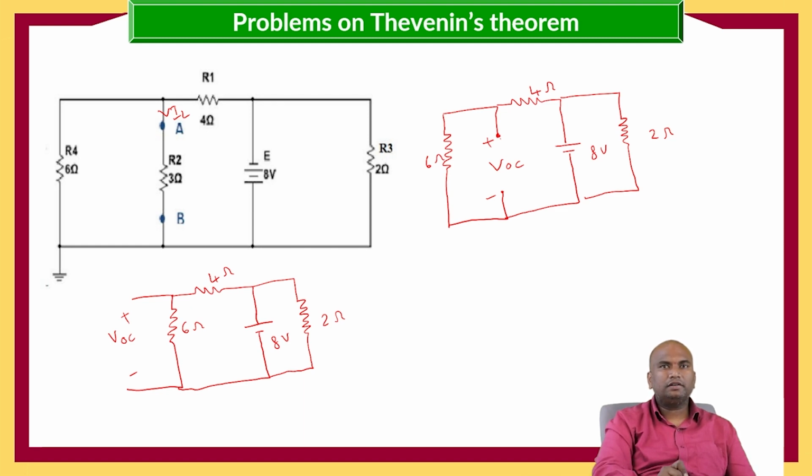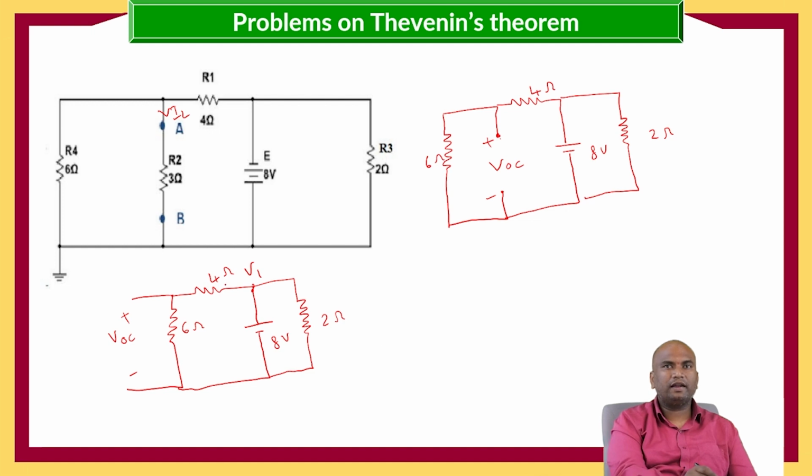So for that we need to get what is the current flowing through the 6 ohms. So for that I am going with the voltage division rule. I am taking this as the node 1, V1, and here this V1 voltage is applied across 2 ohms and also across a series connected 4 ohms and 6 ohms.